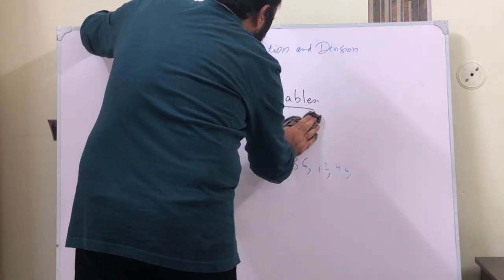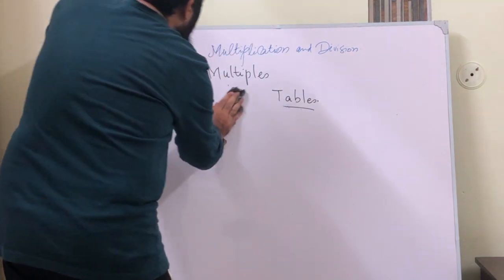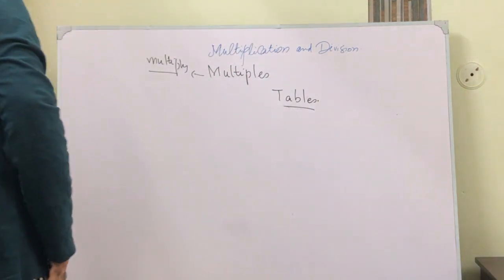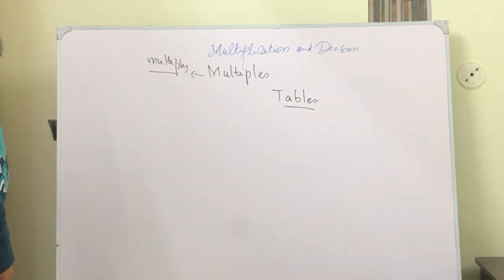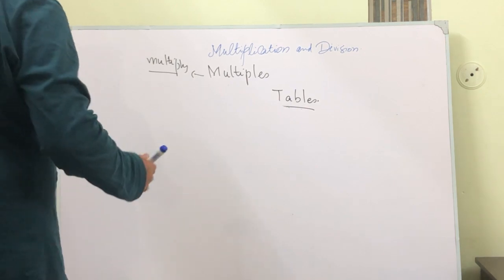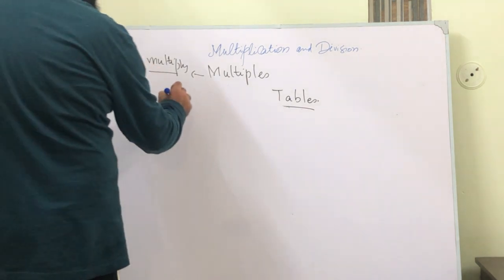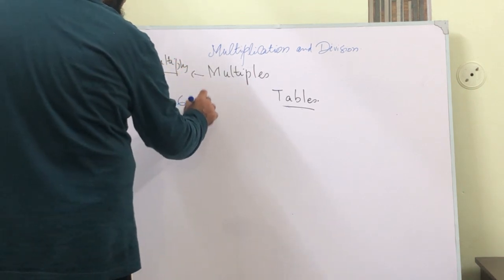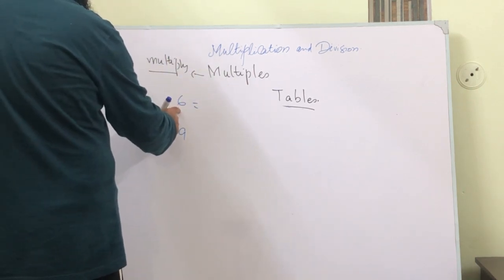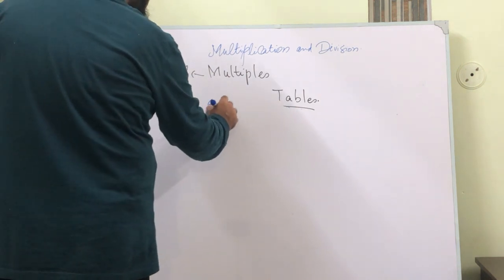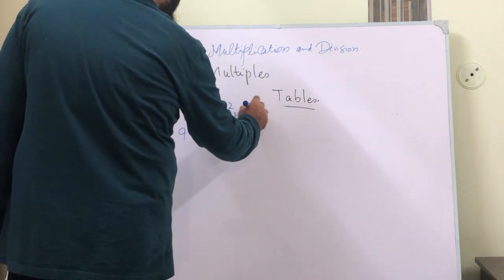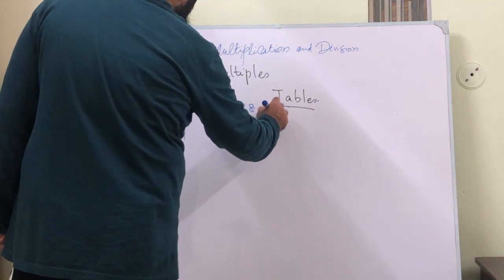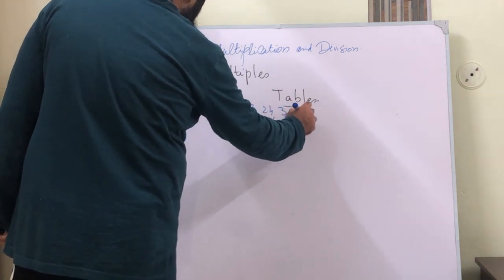So now moving ahead, we see number 8. What are the first three common multiples of 6 and 9? First we write the multiples of 6: 6, 12, 18, 24, 30, 36.